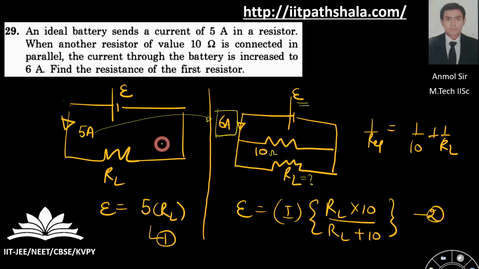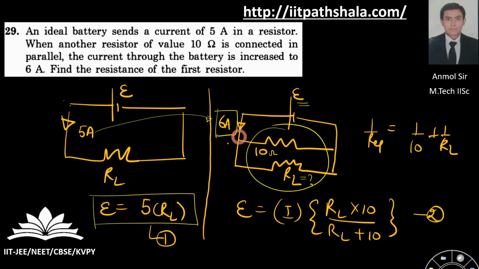From the first circuit, I'm getting V equal to IR, which is E equal to 5 into RL. From the second circuit, first I have to calculate the equivalent resistance between the 10 ohm and the RL. Then I can simplify this circuit with E and R equivalent, and the same current, 6 ampere, will be flowing.